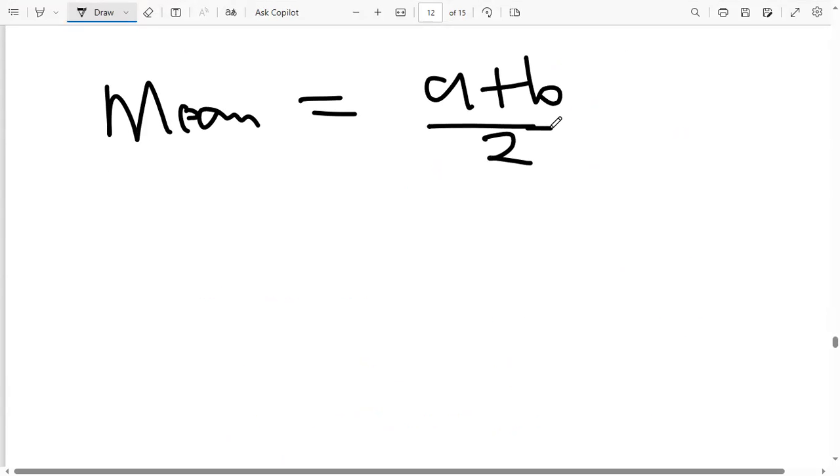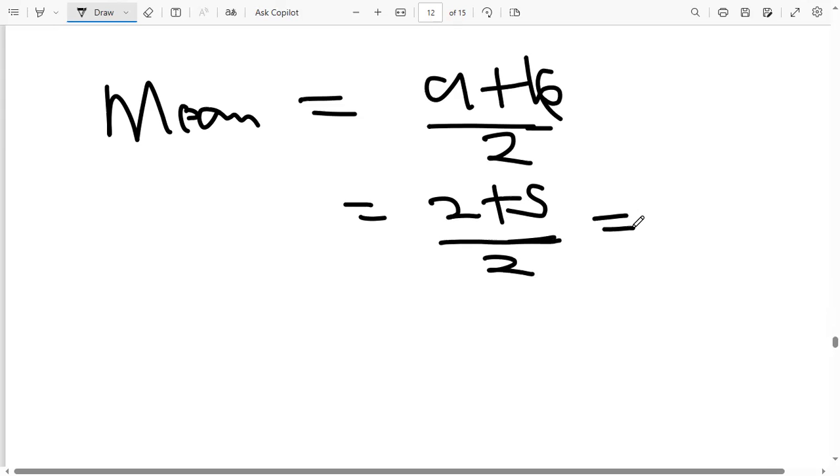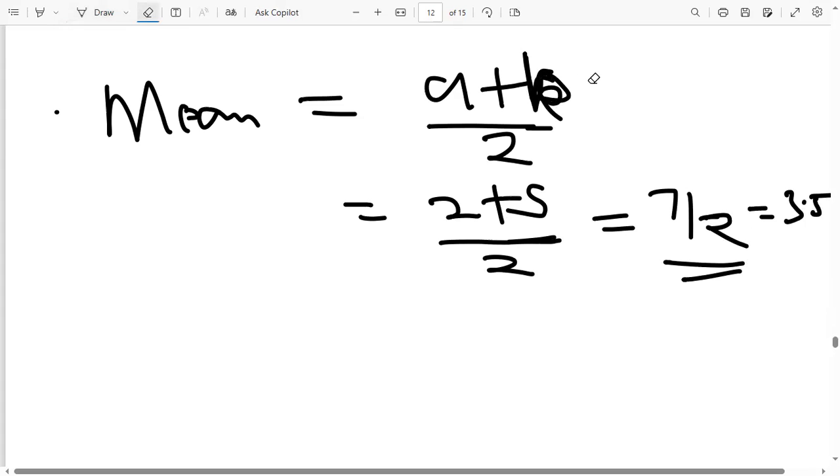It's very simple. So this will just be 2 plus 5 divided by 2, which gives us 7 over 2. So the mean will be 7 over 2, which is the same as 3.5 in decimals. This is the formula for the mean, A plus B. Let me write it properly.